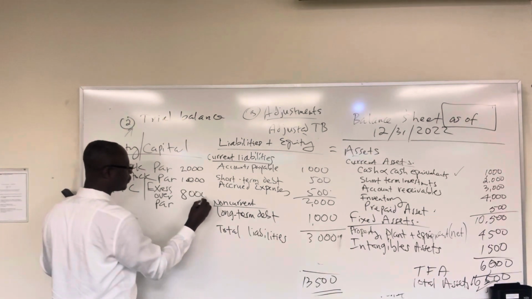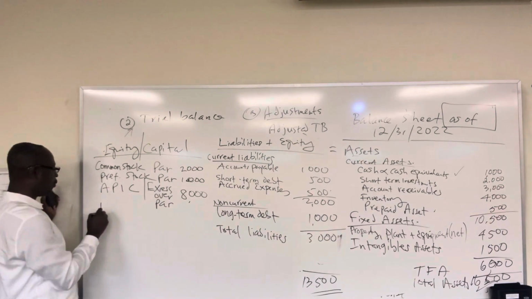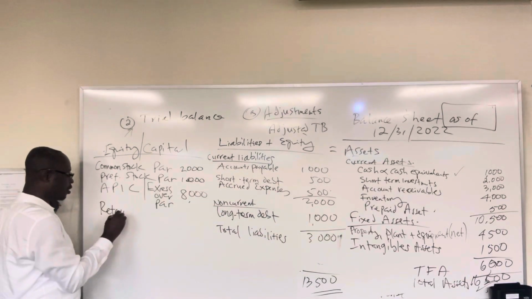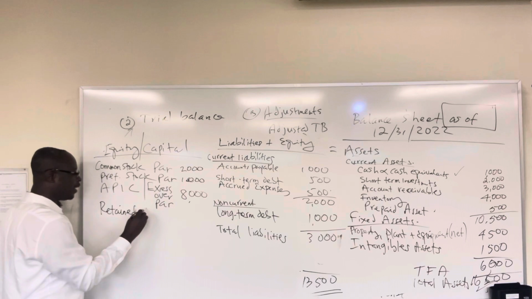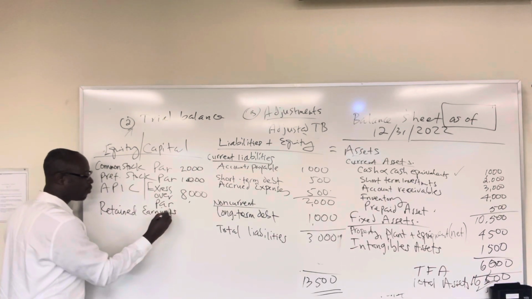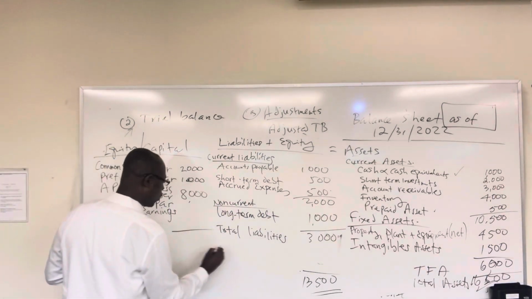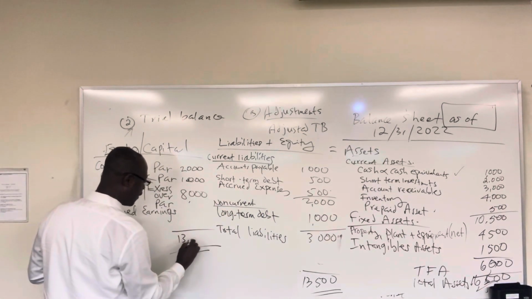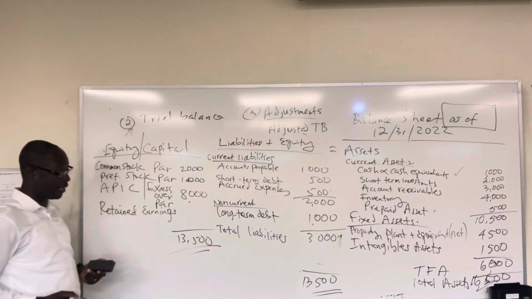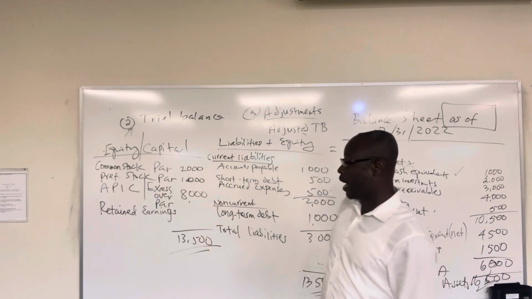8,000. Okay, and then you may have something that we call retained earnings, undistributed profits, or accumulated profits. I want my total to be 13,500 to explain the equity, and so now I have 11,000 here.